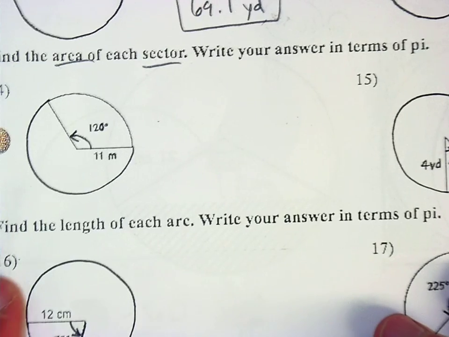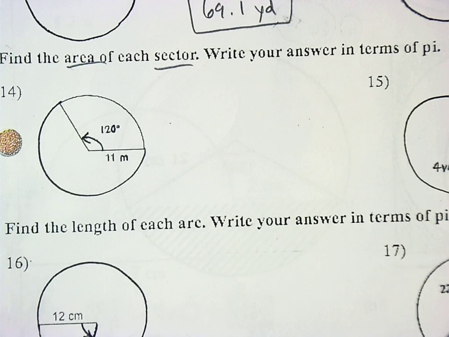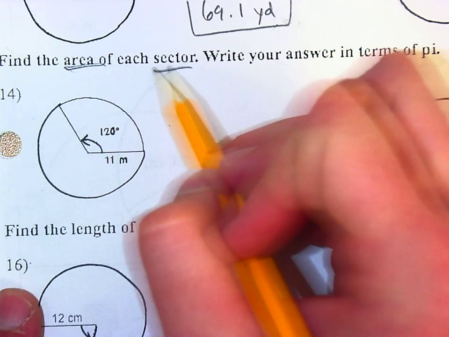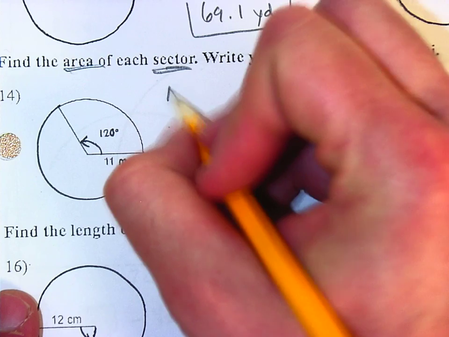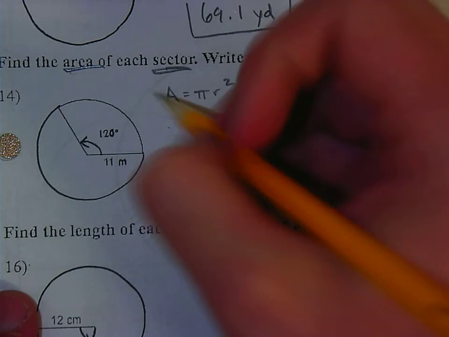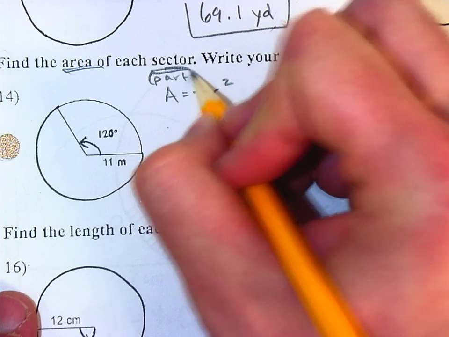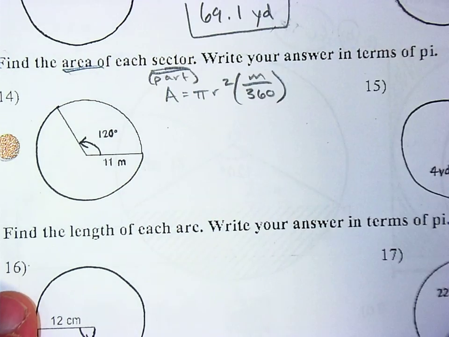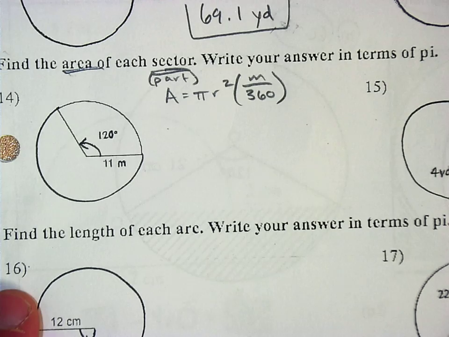Moving right along, this next set asks us for the area of each sector. So when we see sector area, we know that the area formula is pi r squared. And we know that a sector is just a part, so we're going to use that part fraction, m over 360.